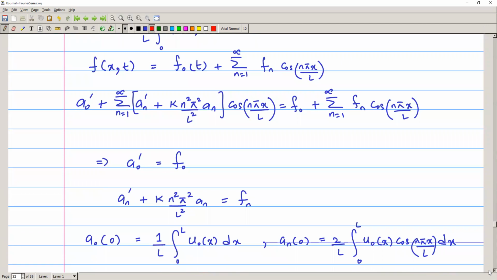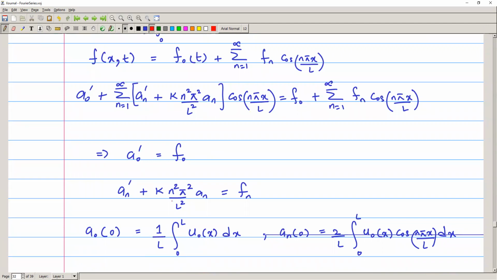So a naught prime will be equal to F naught, and this equation will be equal to this Fn, right? In this way, we will construct the family of ordinary differential equations. So we can say this is equation 1 and this is equation 2.